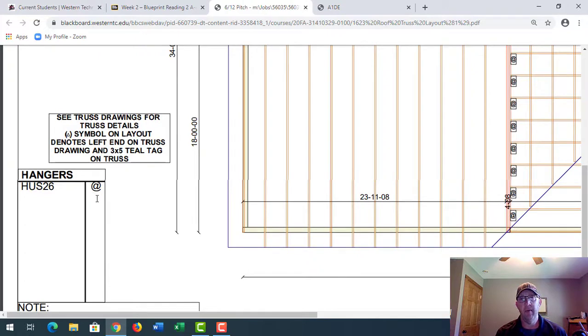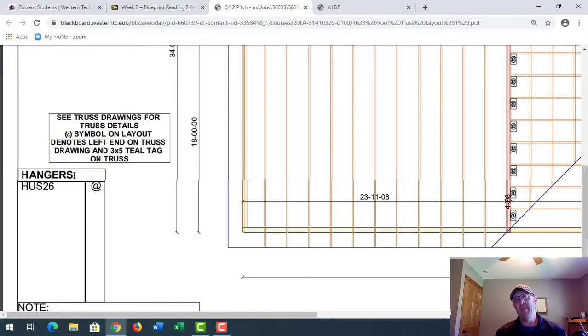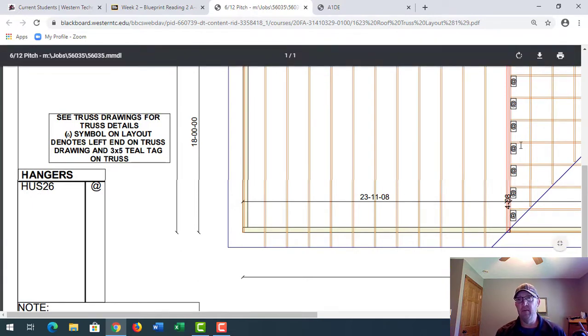There's a hanger schedule. Now this particular manufacturer uses these symbols here. So every one of these trusses gets a hanger. It's an HUS 26. So the trusses would be delivered, and then there would be a box with a whole bunch of hangers in there, okay? And then those hangers would be the ones that we would use. Now on this, it would be pretty simple.